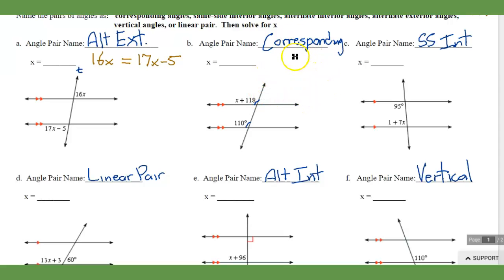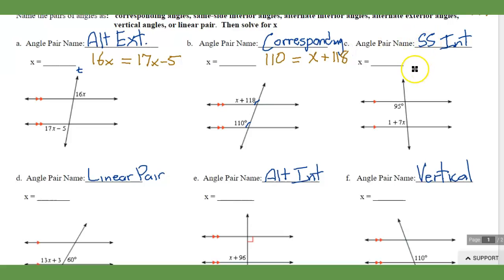Corresponding are also congruent. So we know we have 110 equal to x plus, there you go, x plus, what is it, 118?